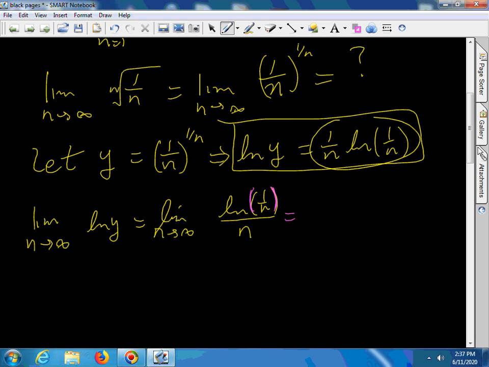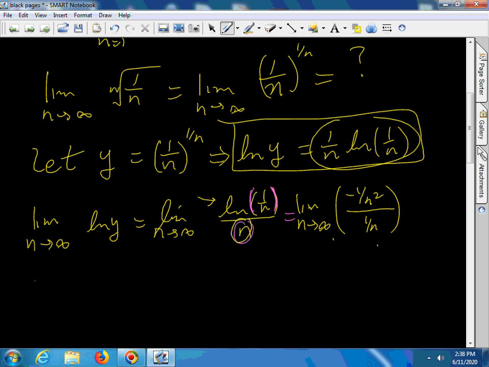And ln of 0, or approaching 0, is negative infinity. And if n is going to infinity, well then n is going to infinity. So I'm going to use L'Hopital's rule. This is equal to the limit as n goes to infinity of, well, the derivative of ln of anything, you put the anything in the bottom and its derivative on top. And then that's the derivative of the numerator. And then the derivative of the denominator is 1. And my rule for dividing by 1 is don't bother.